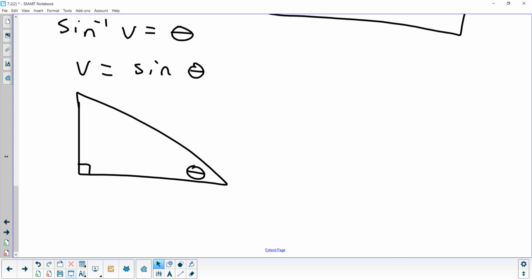So how would I label the two sides? Again, there's an infinite amount of ways to label them. I try to use a 1 in there somewhere to make it easier. Yeah? V is the opposite and 1 is the hypotenuse. Yep. So now when you do the sine of theta, you get the opposite divided by the hypotenuse is equal to v.